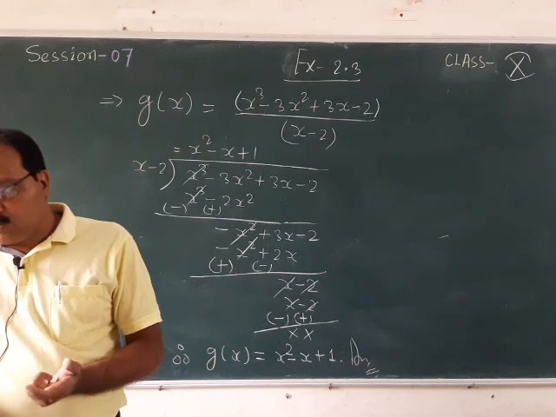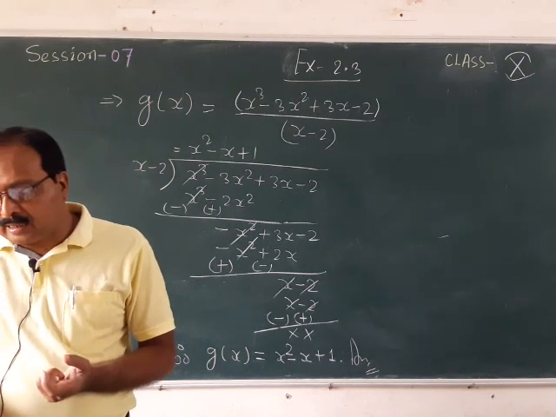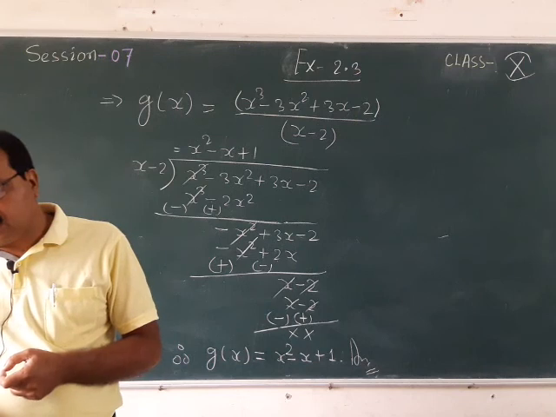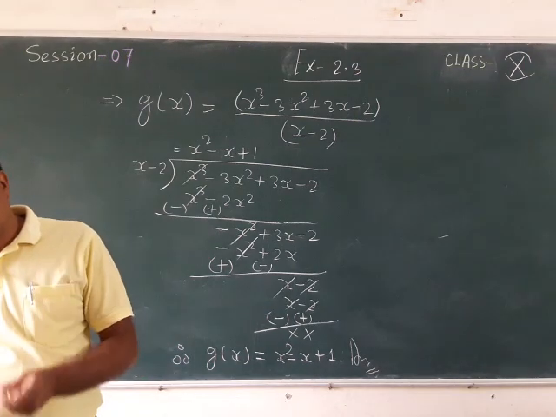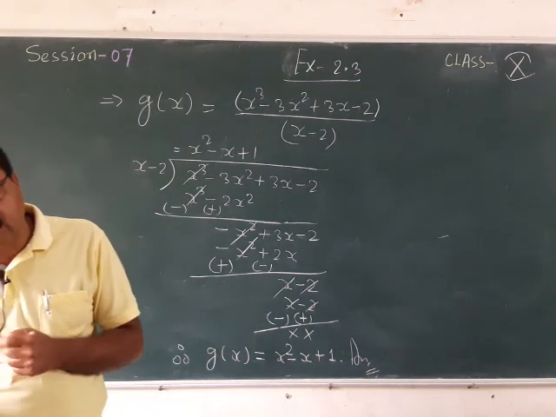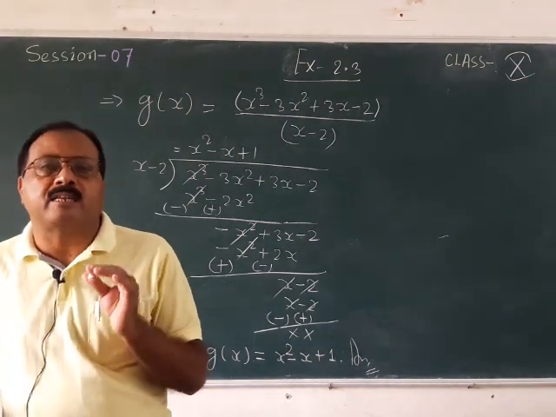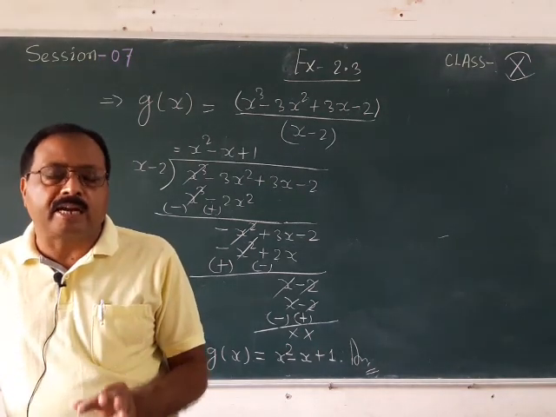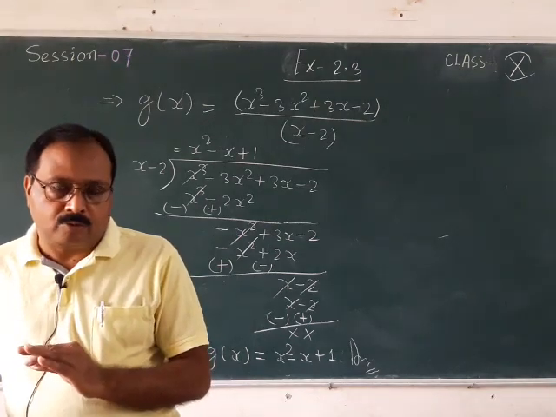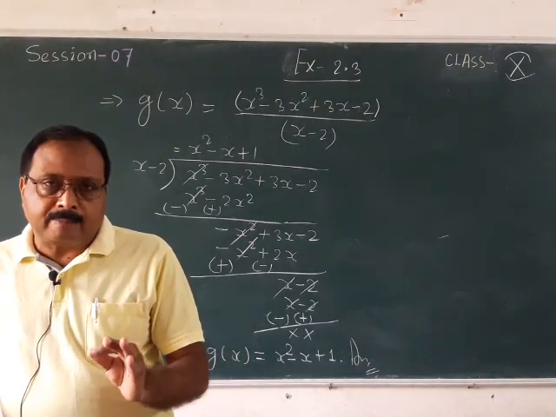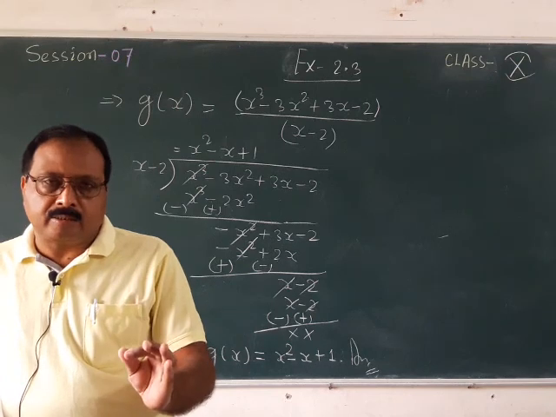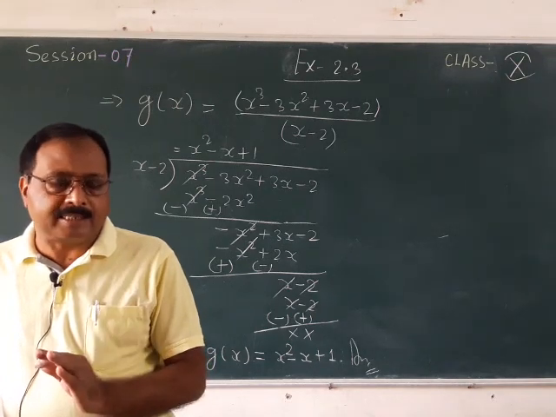Here are p(x), g(x), q(x) and r(x). There are 4 components in the division algorithm. How many components are there for the division algorithm? You know that there are 4 components. What are they? First one is the dividend, that we are telling p(x).